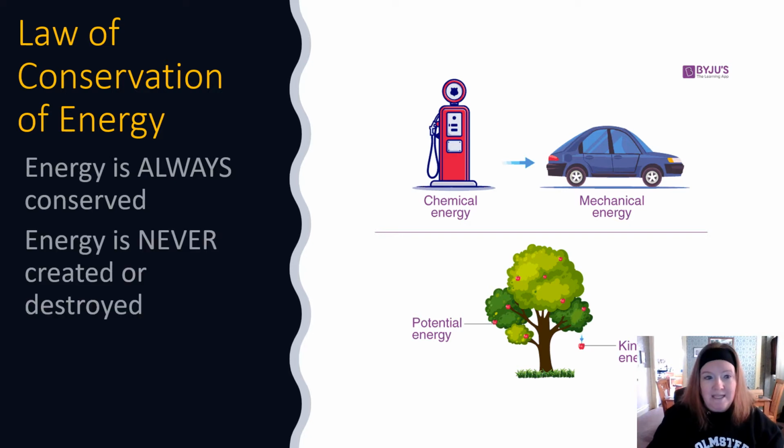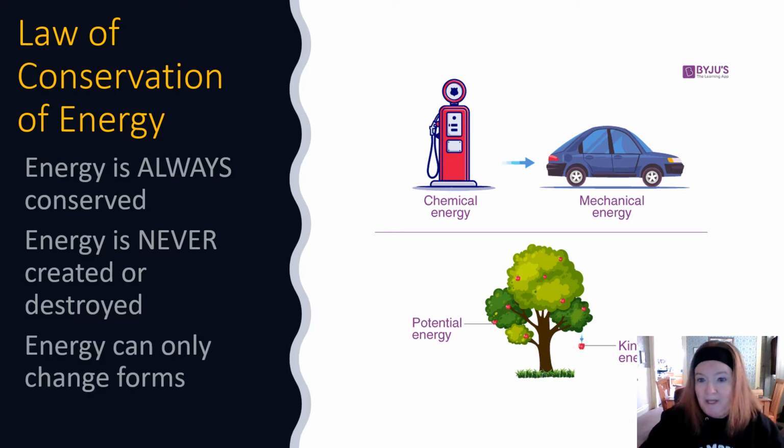What that means is energy is never, ever created or destroyed. Energy just changes form. It can go from chemical to mechanical, from potential to kinetic, but not from potential to poof, nothing, and not from nothing to poof, mechanical. Just changes form.